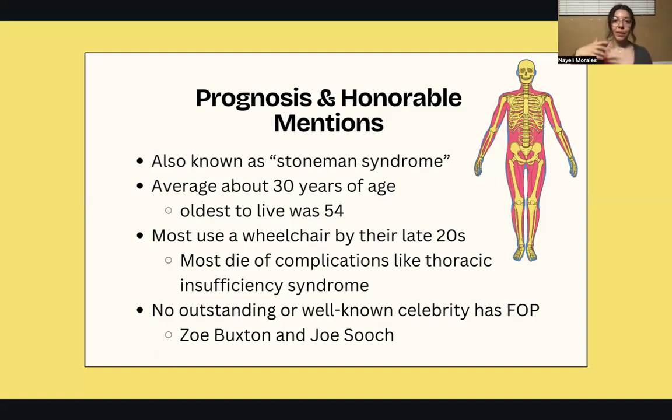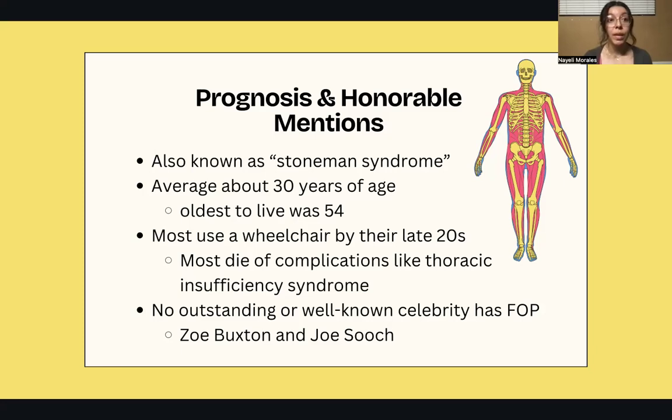Okay, prognosis and honorable mentions. So this disease is also known as Stone Man syndrome, and you can already guess why, right? It limits some mobility, so you're kind of like a stone, kind of like a rock. The average that a person can live with this disease is about 30 years.